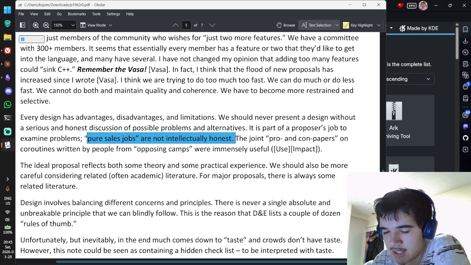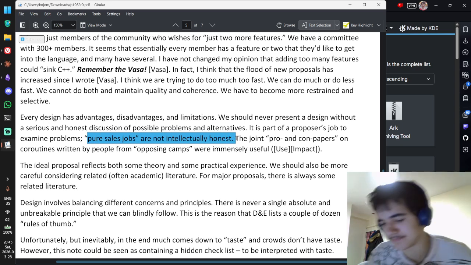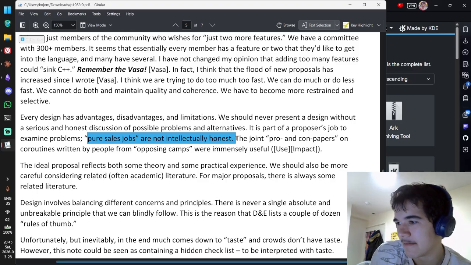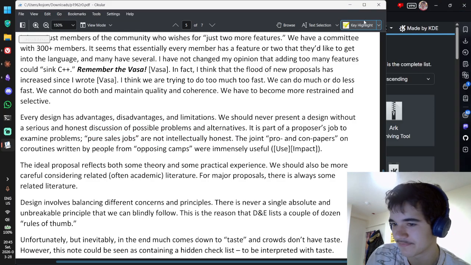Pure sales jobs. This just stood out to me because I don't like sales because they're not honest. I guess that highlights a problem with capitalism in general.